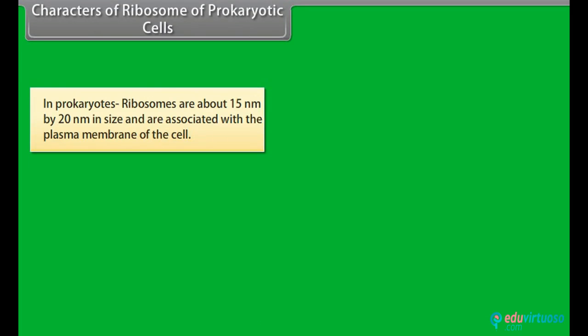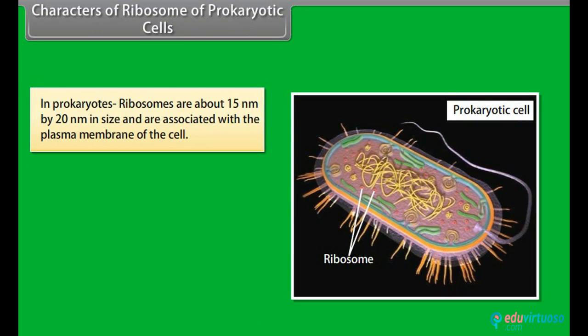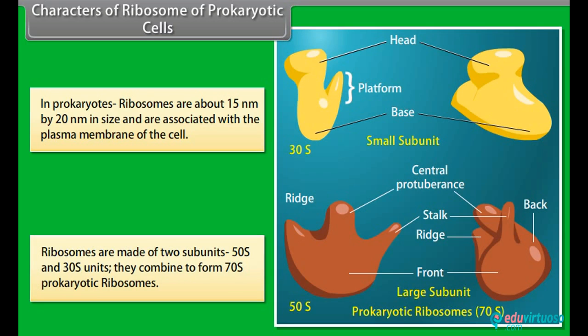Characters of ribosomes of prokaryotic cells. In prokaryotes, ribosomes are about 15 nanometer by 20 nanometer in size and are associated with the plasma membrane of the cell. Ribosomes are made up of two subunits, 50S and 30S units.